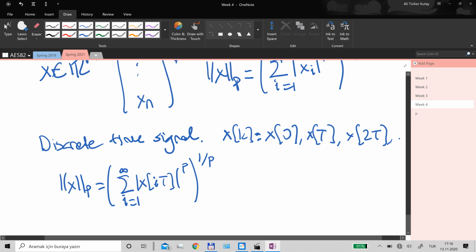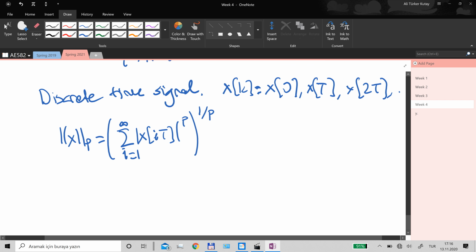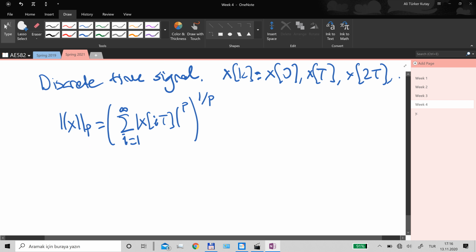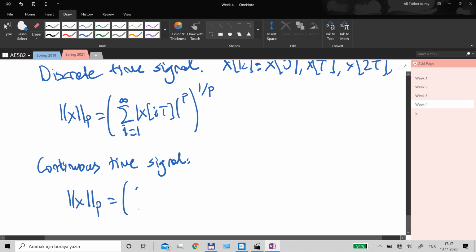If your signal is continuous time, then instead of summation, you will need to take the integral. For a continuous-time signal, the p-norm becomes the integral from 0 to infinity of the absolute value of the signal to the power p dt, and you take the pth root of the integral.